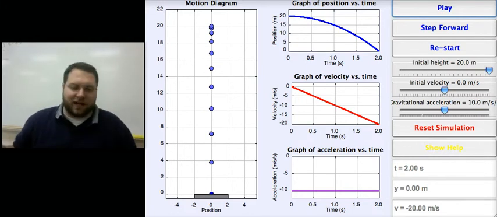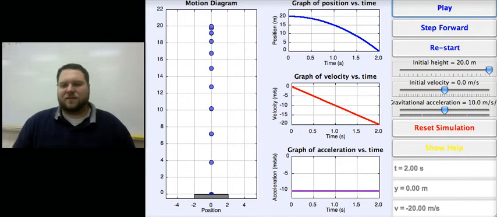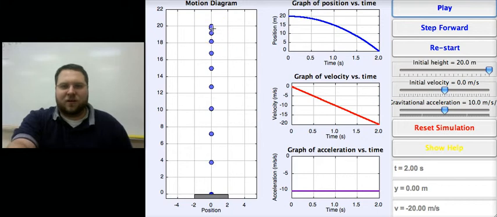But if we ignore air resistance, everything falls with that same acceleration. This is why it doesn't matter how heavy an object is. Heavy objects fall at the same speed as light objects. This blue dot could be a tennis ball, a grand piano, or a building. They would all fall at the same speed if we ignore air resistance.